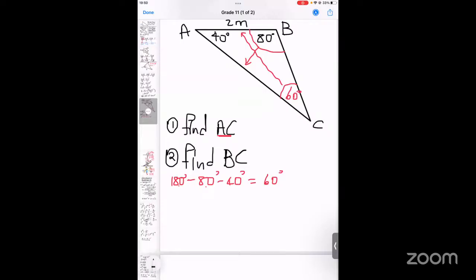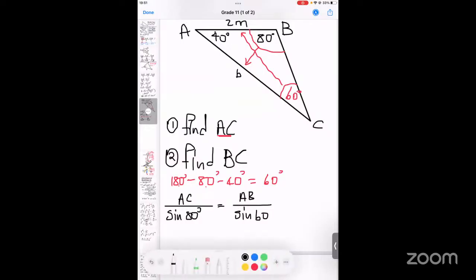Then, because it is the side that you are looking for, start by writing AC. Do not write sine of angle first. Start by writing AC because that's what you're looking for. So you will say AC over sine of its opposite angle, you know the formula, equals side AB over sine of angle 60.